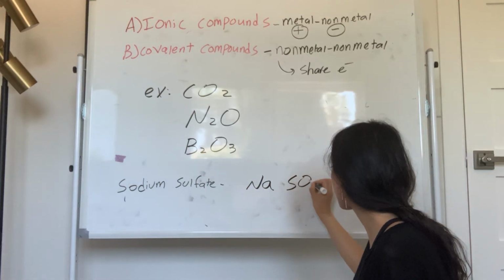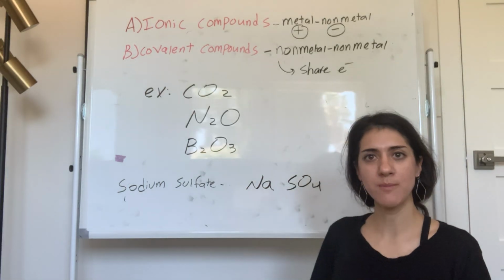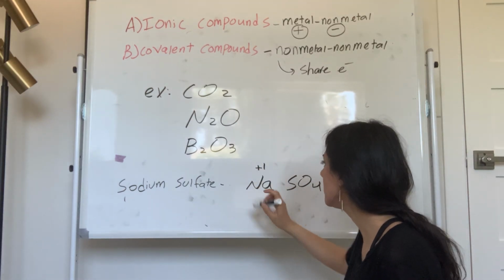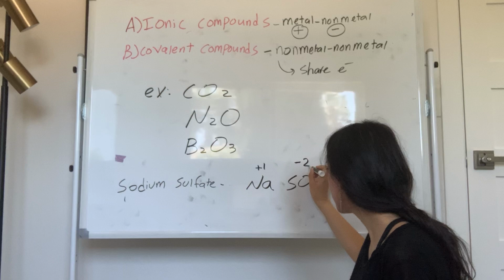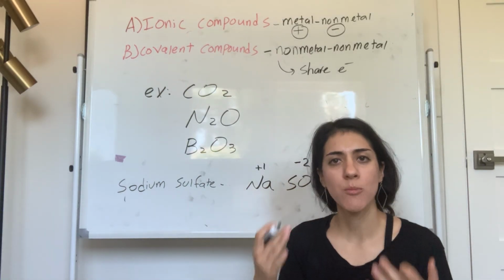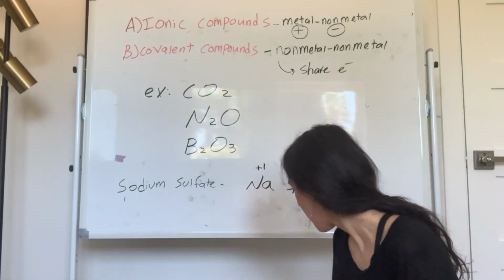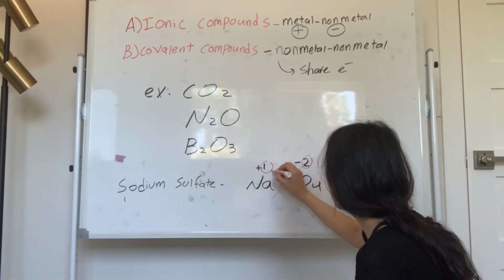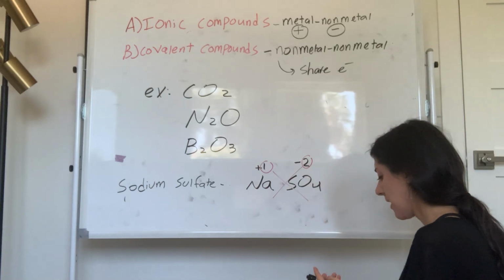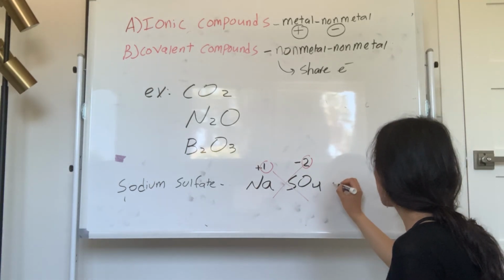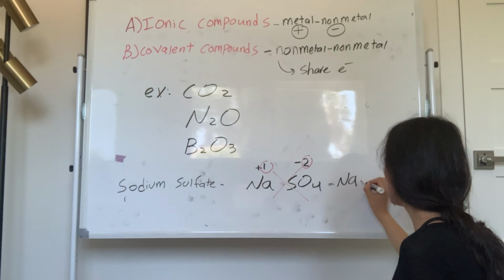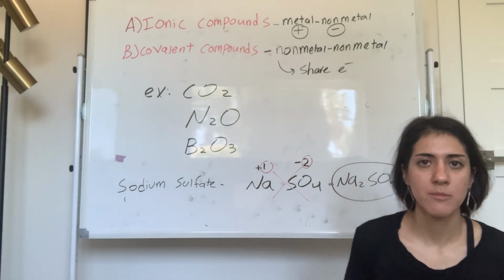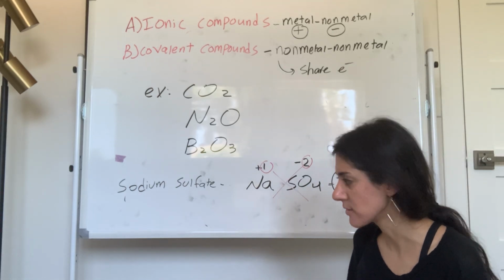Hopefully you're getting used to those polyatomic ions. And then you look at the periodic table and say sodium has a +1 charge and sulfate has a -2 charge. I have to cross multiply the charges because an ionic compound is a balance of charges. I don't write the 1, and I end up with Na2SO4. Perfect.